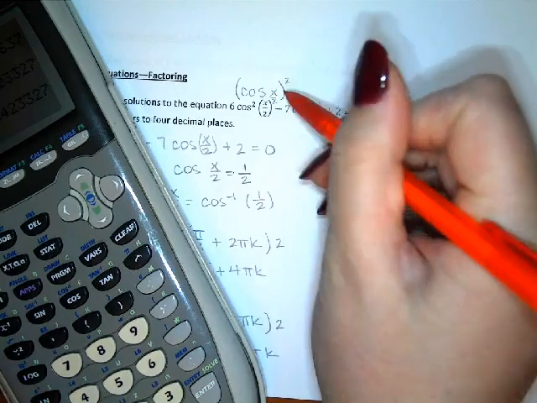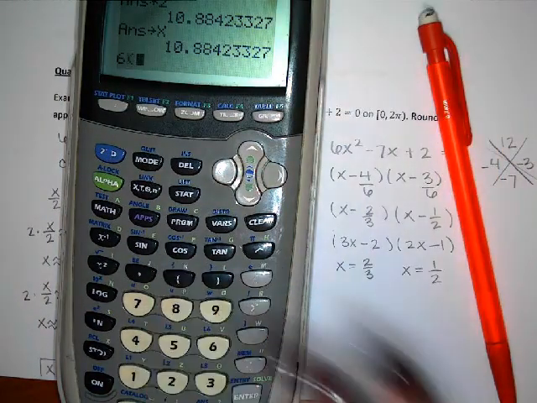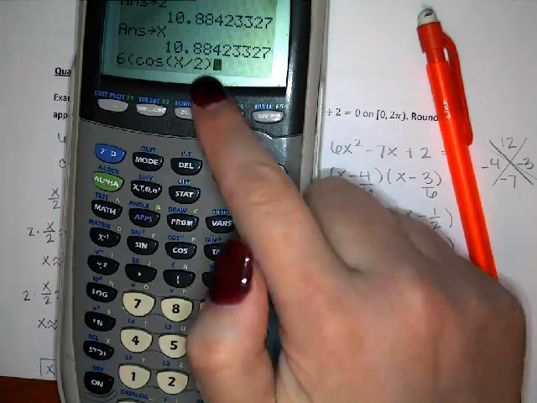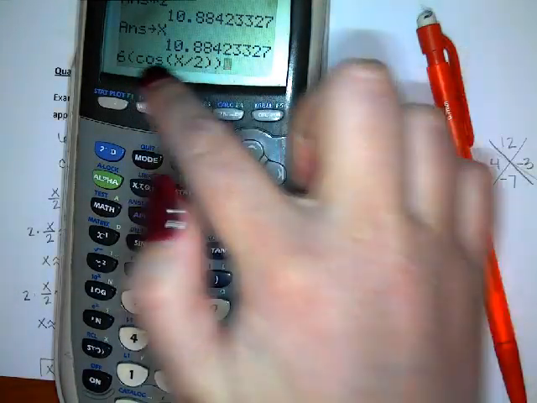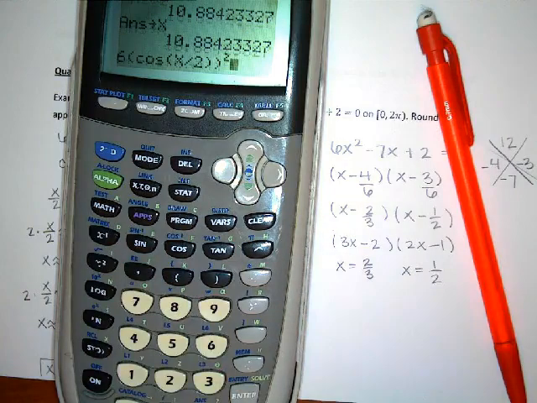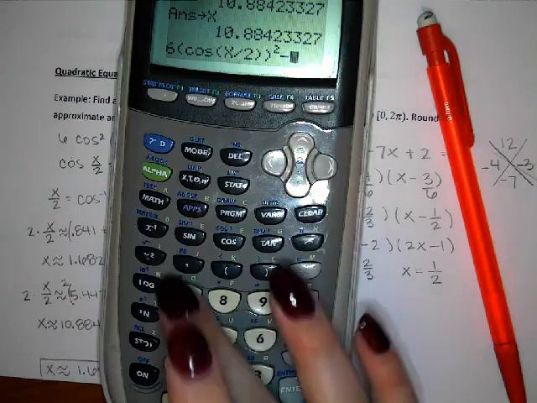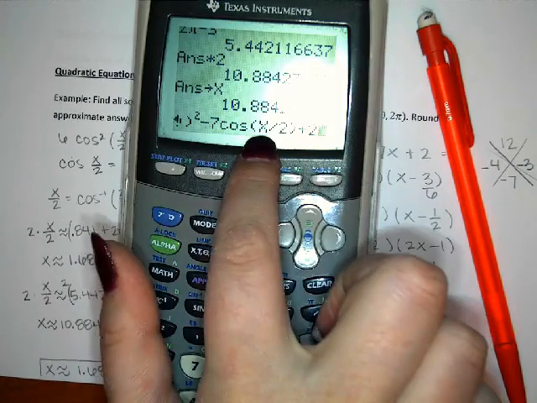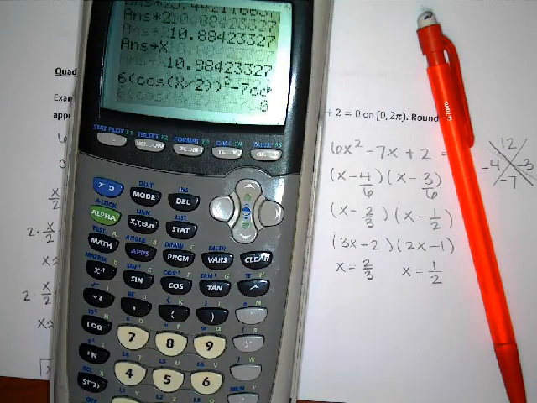So cos, and then I'm going to put this in parentheses, cos of X divided by 2, end parentheses to finish the angle, end parentheses to finish the expression cos of the angle. So 6 times cos squared minus 7 times cos of the angle plus 2. And since I'm typing in X, it is taking this decimal that I stored for X and it's plugging it in for me. And I get 0 because that decimal was one of the correct answers.